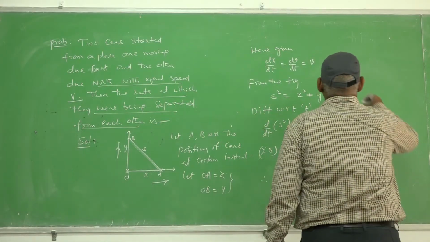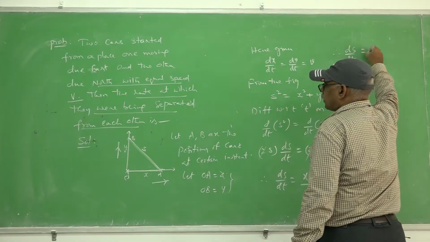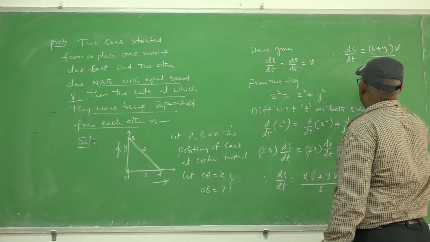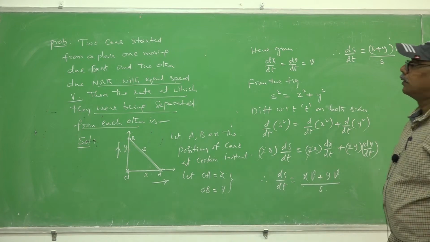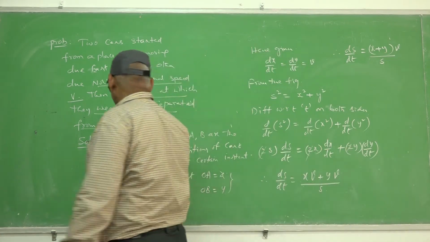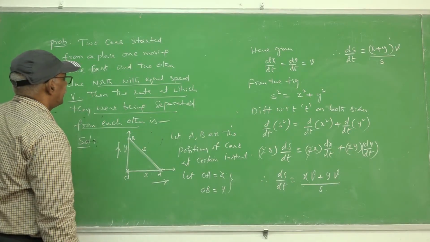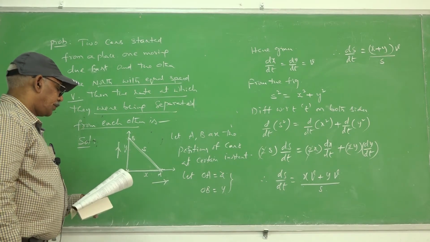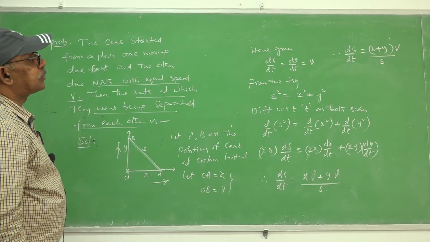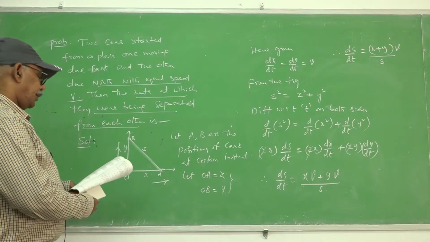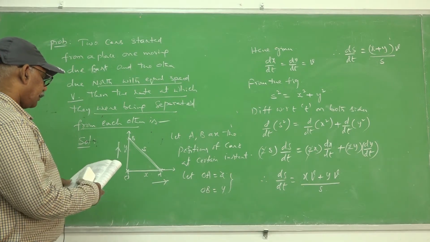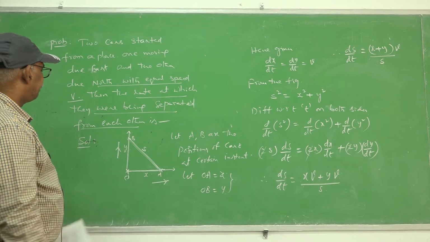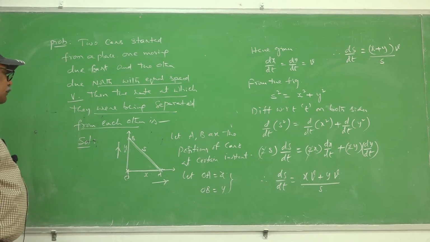Therefore ds by dt equals x plus y into v by s, where v is the velocity of the cars.